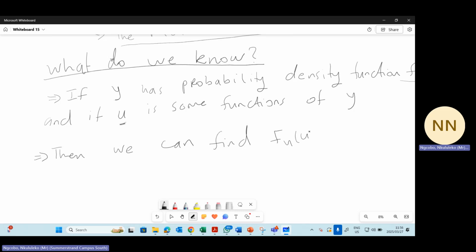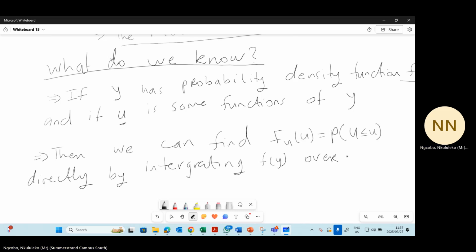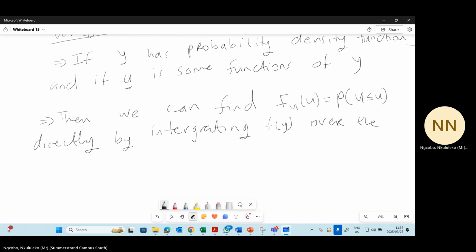F of u, the distribution function of u, which is equal to the probability of U less than or equal to small u, directly by integrating f of y over the region for which U is less than or equal to small u, right?